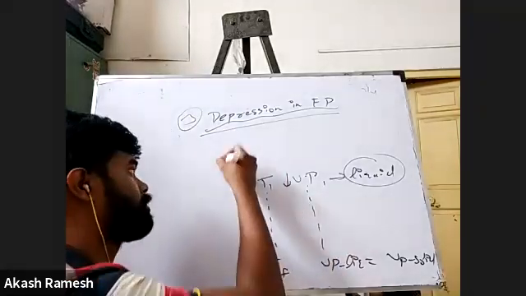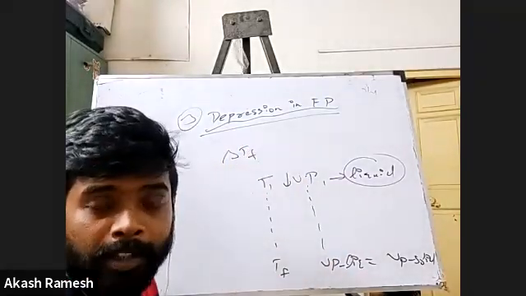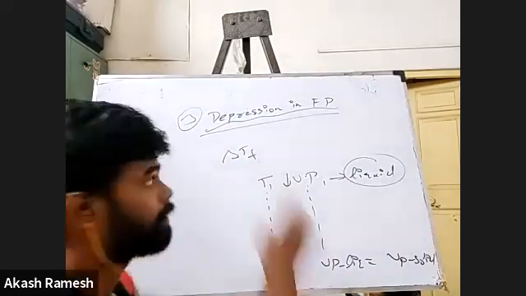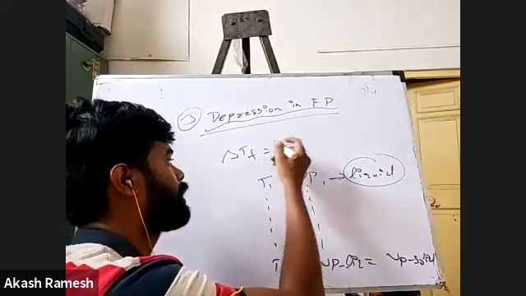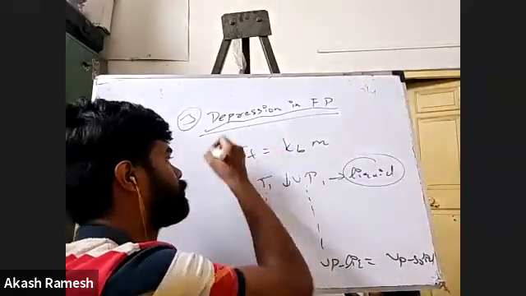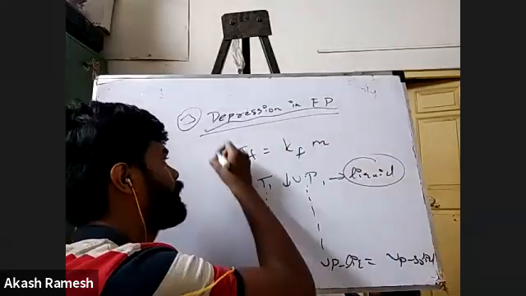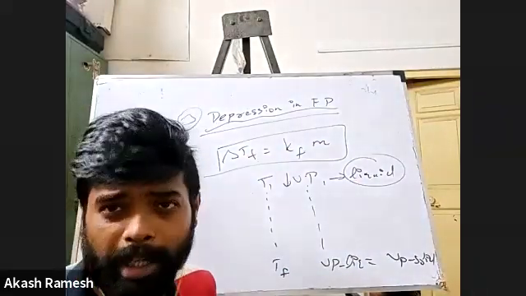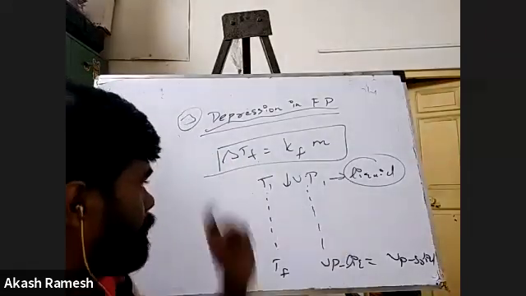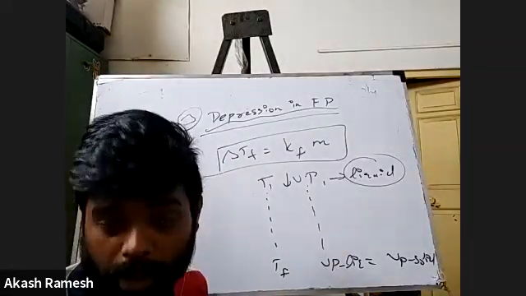The equation goes like this: delta TF, the depression in freezing point, change in freezing point, will be equal to Kf into m. Again, m is the molality, and delta TF is the depression in freezing point.